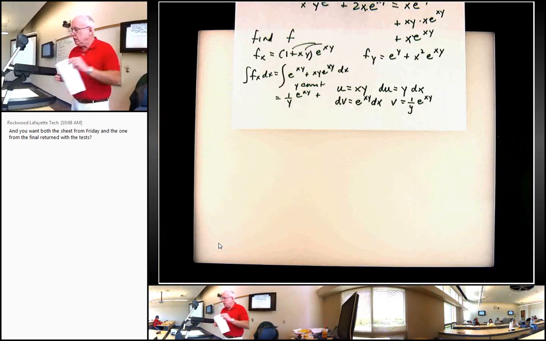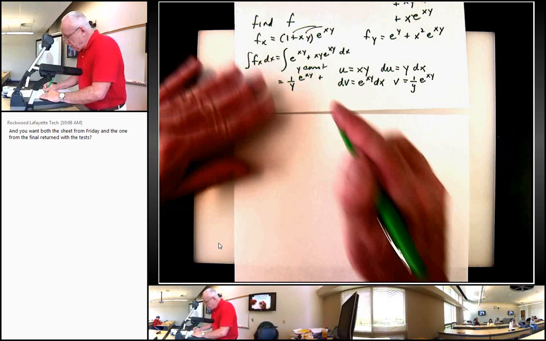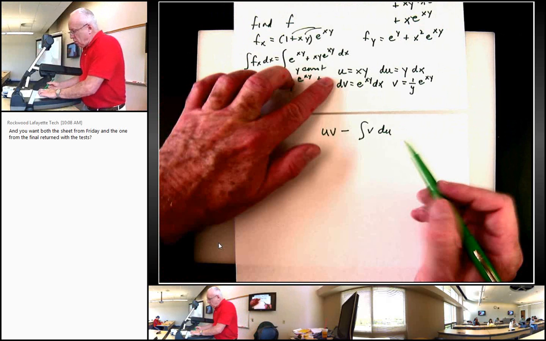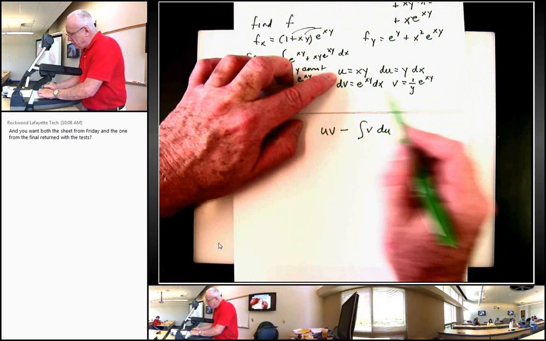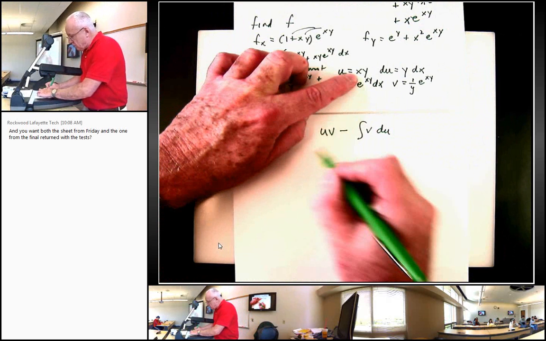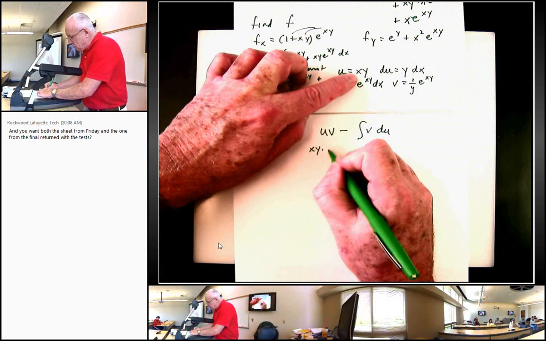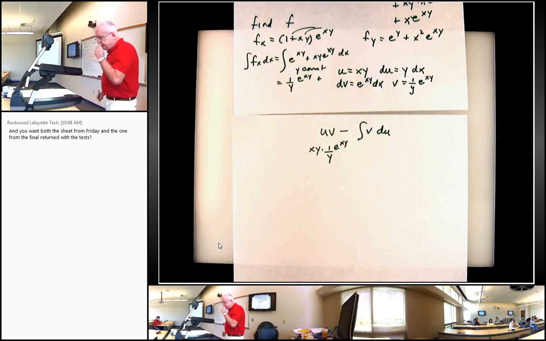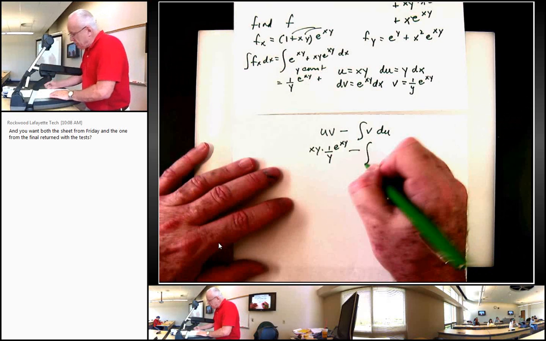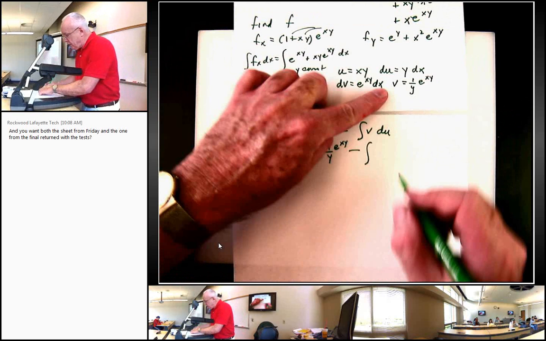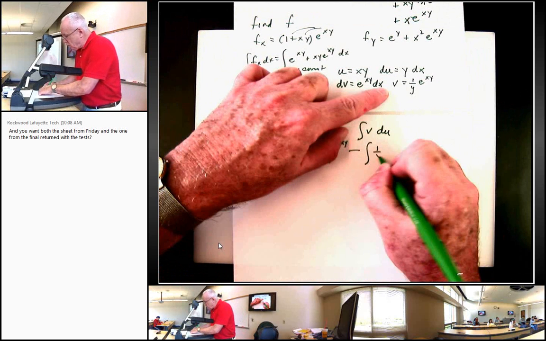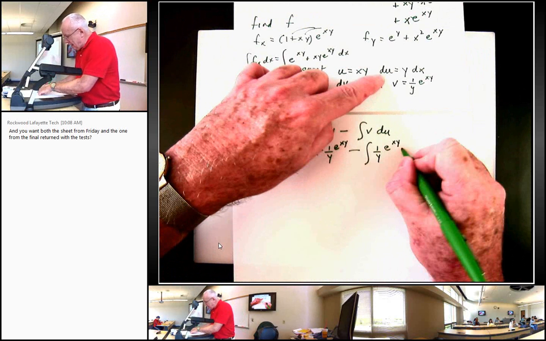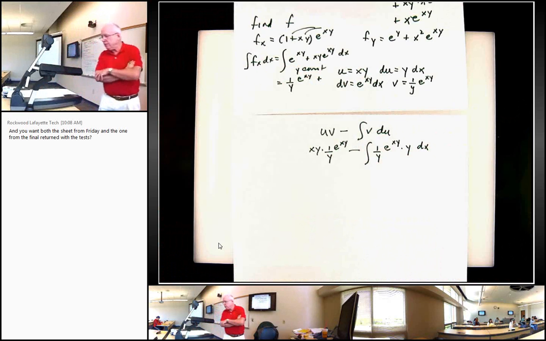So remember, it's u times v minus the integral of v du. u times v is xy times 1 over y, e to the xy, minus the integral of v du. Well, v is 1 over y, e to the xy, and du is y times dx, all right?